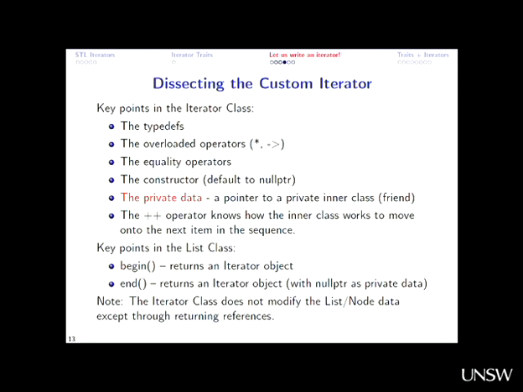The constructor, of course, is important because it needs to know how to construct the list iterator type. The private data is important because, like we just saw, the private data in this instance is a pointer to a private inner class, which is a friend. The list iterator is storing some data.